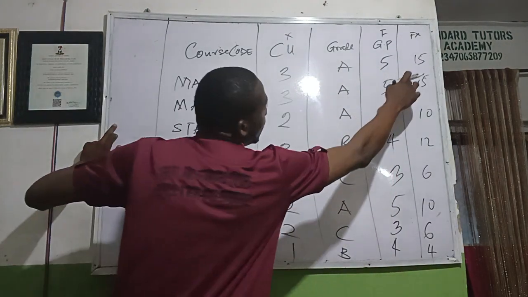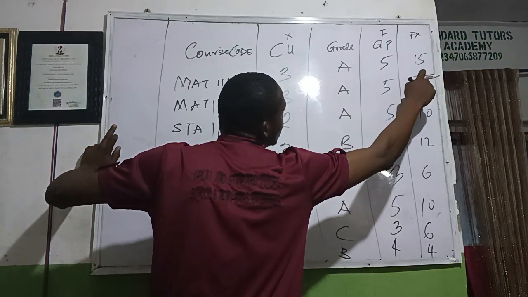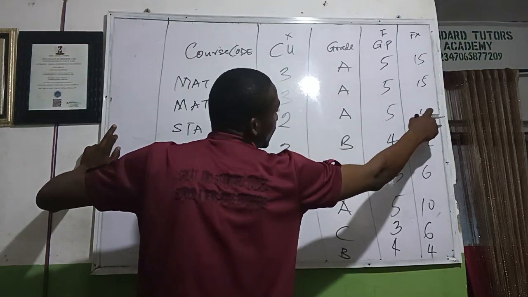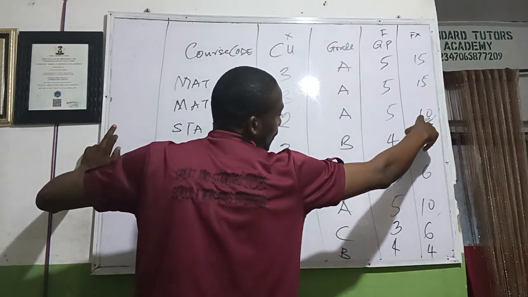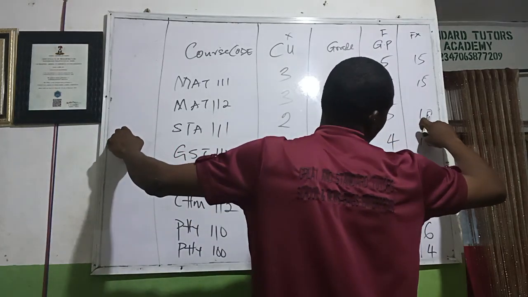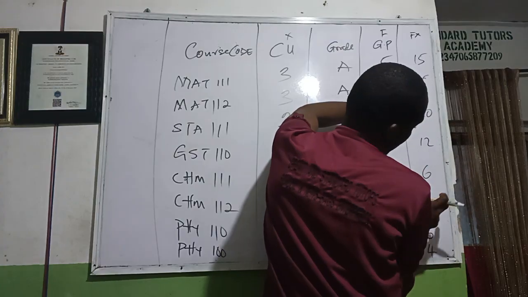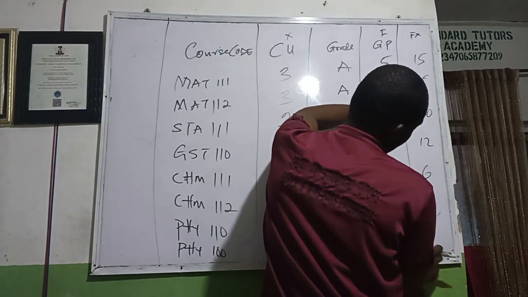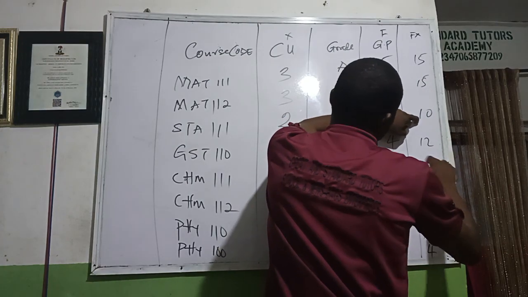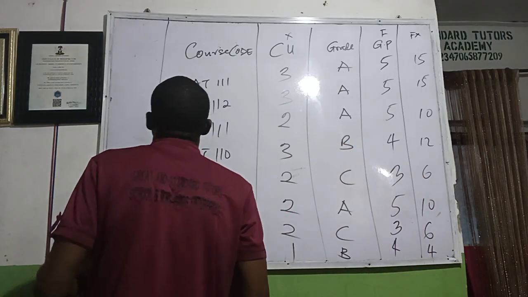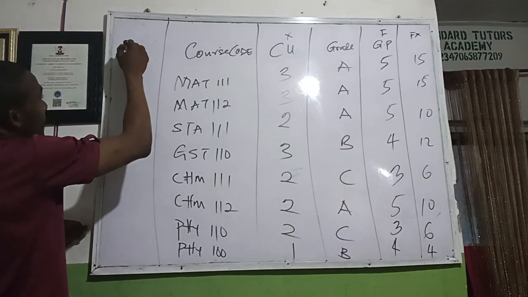That's 15 plus 15, 30, 40, 50, 60, and 78. So I have 78 there.